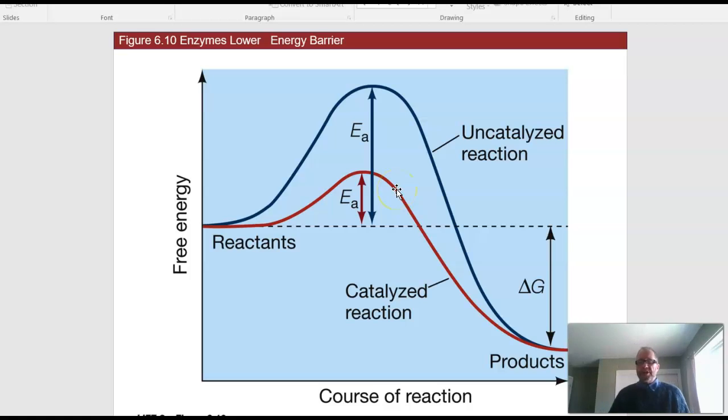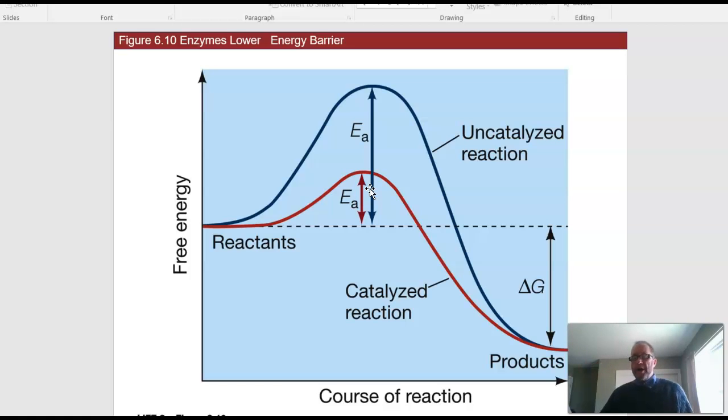And it's easier to take the red pathway than the blue pathway. Now, the thing is, the reactant and the product, they haven't changed at all. The reaction is possible because the reactant has more free energy than the product. But now the enzyme has made it easier to make the transition state. That makes the reaction faster.